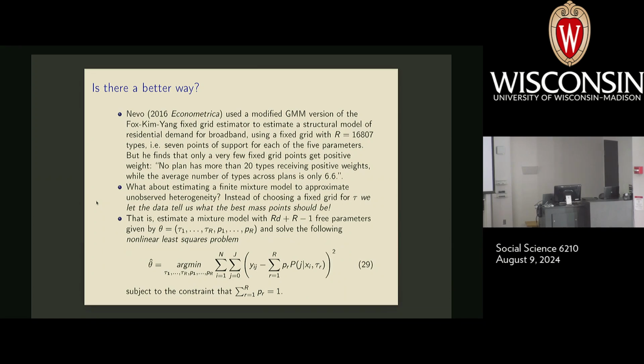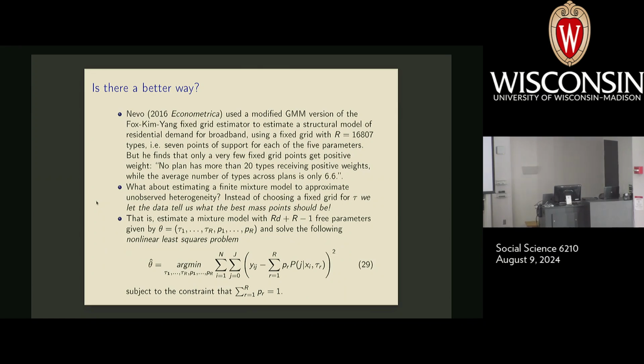Well, I'm saying there's a better way. If you use a finite mixture and you're using only 2 or 3, you only have to solve your structural model 2 or 3 times versus 16,807 times, okay? So I would say this is a profoundly computationally intensive and potentially inefficient way to do things.